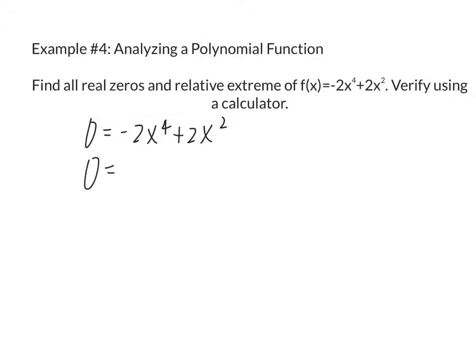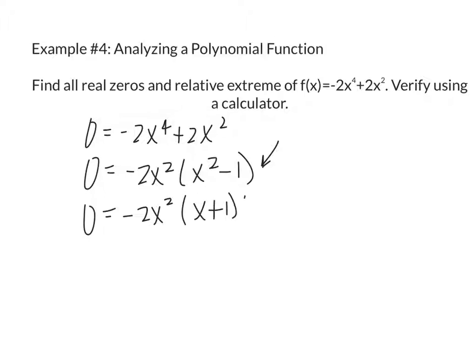Okay, you should recognize that you can factor out a negative 2x squared from both, and you'll be left with x squared minus 1. And then, if you factor, this is a difference of squares. So that would be negative 2x squared, and then x plus 1 and x minus 1.